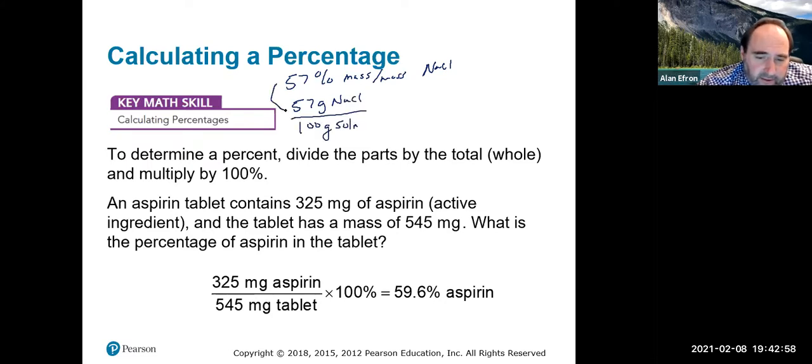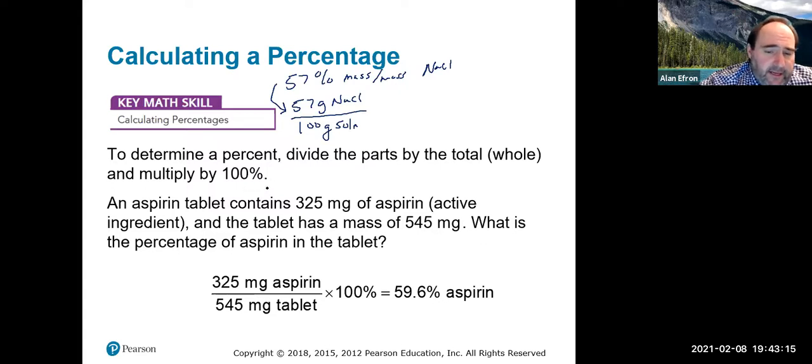That's a way you could turn a percentage into a usable number. We take 57 divided by 100, and then times it by 100, you end up with 57%. That's how we could turn these things into percentages.